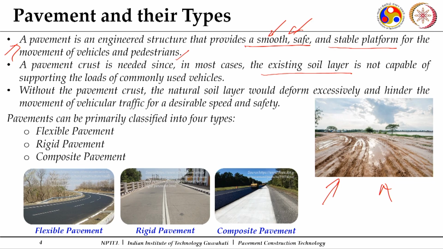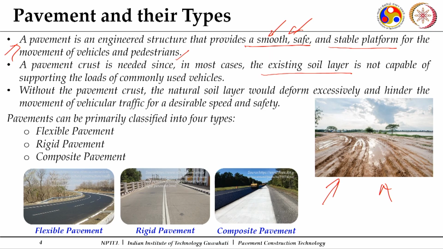If I am going from one place to the other, I want to know how much time it will take. That will depend upon at what speed I will be moving over that particular surface. So, speed is also a concern, and then my journey should be safe enough. The engineered structures which are constructed for this purpose are three main types.